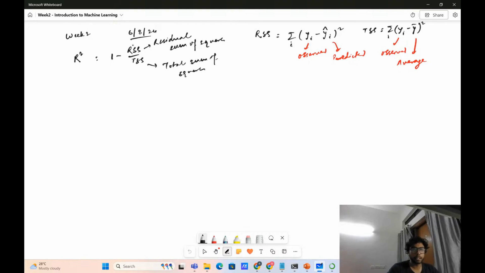It is basically normalizing the residual sum of squares, the residual error that you have, with respect to the total sum of squares, and then subtracting it from 1, and that gives you the accuracy of your model. Because you are subtracting the error from 1, what remains is your model.